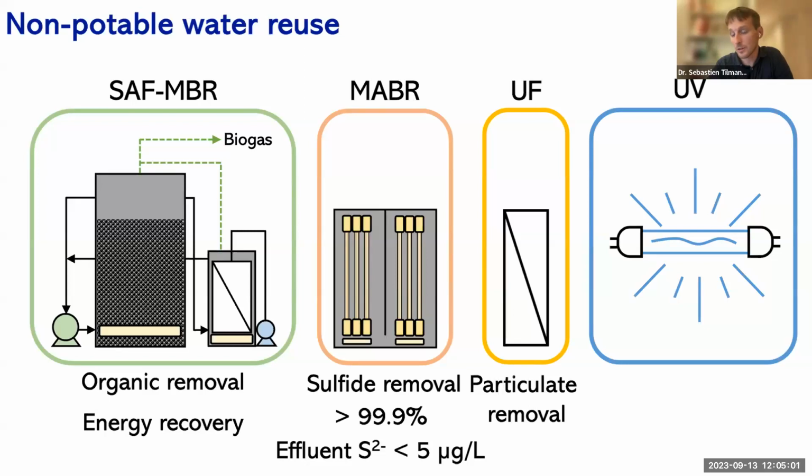Then we would want to add ultraviolet disinfection in order to meet Title 22 water reuse requirements. This is a treatment train that we're in the process of testing at SVCW to demonstrate viability of achieving Title 22 non-potable water reuse standards using an anaerobic treatment train.